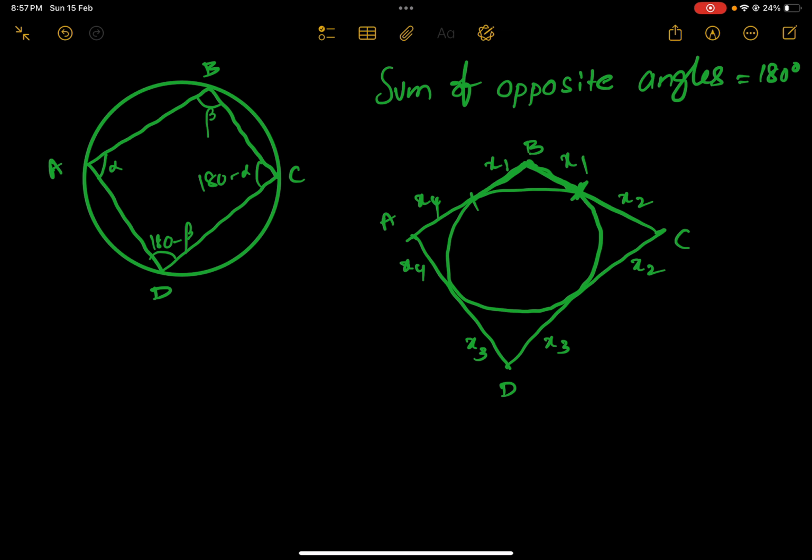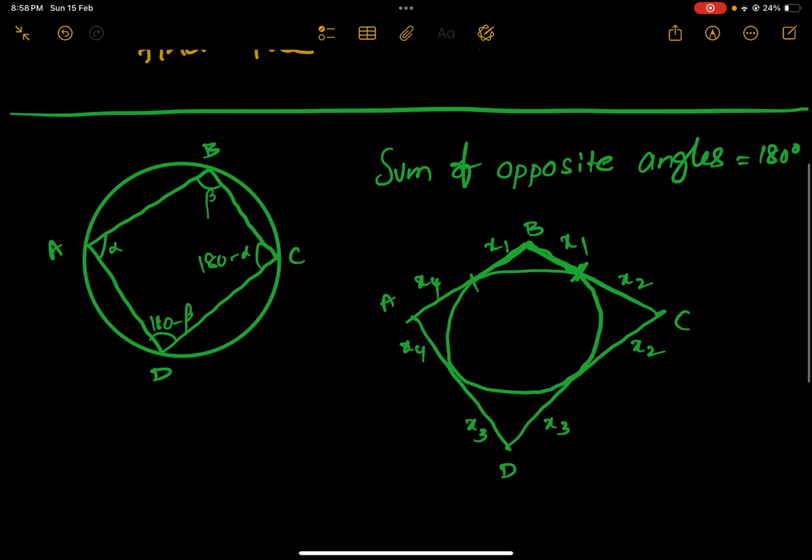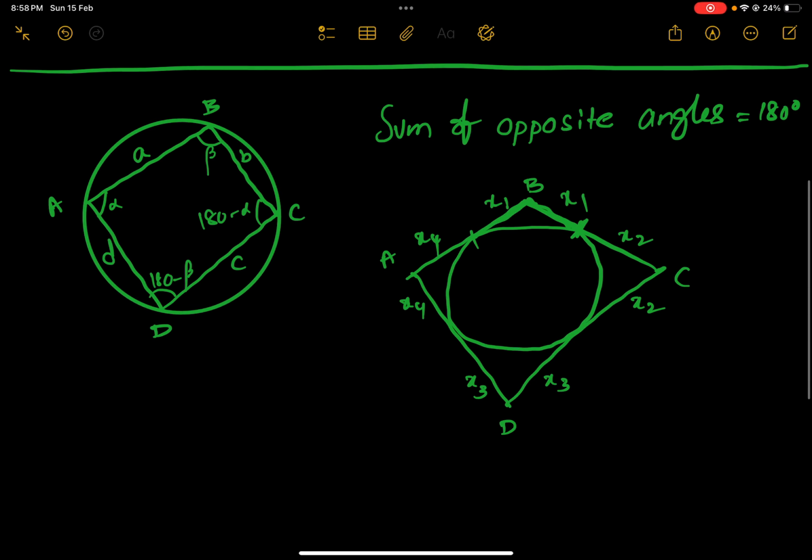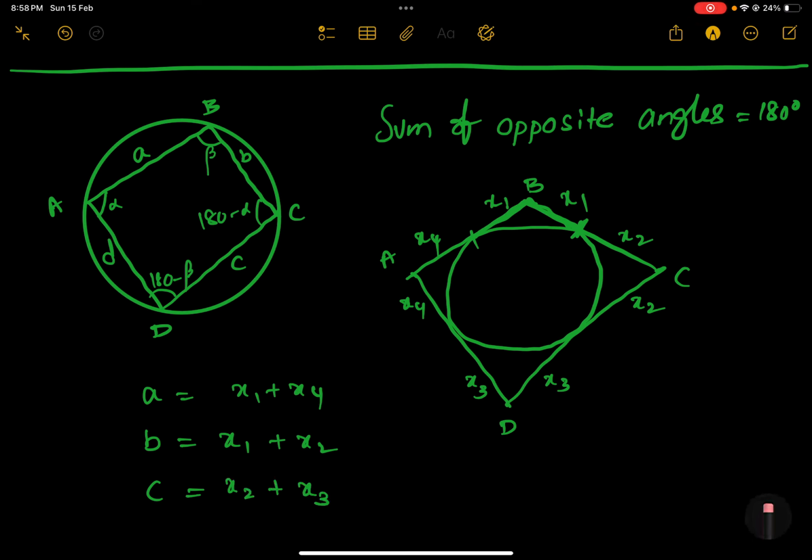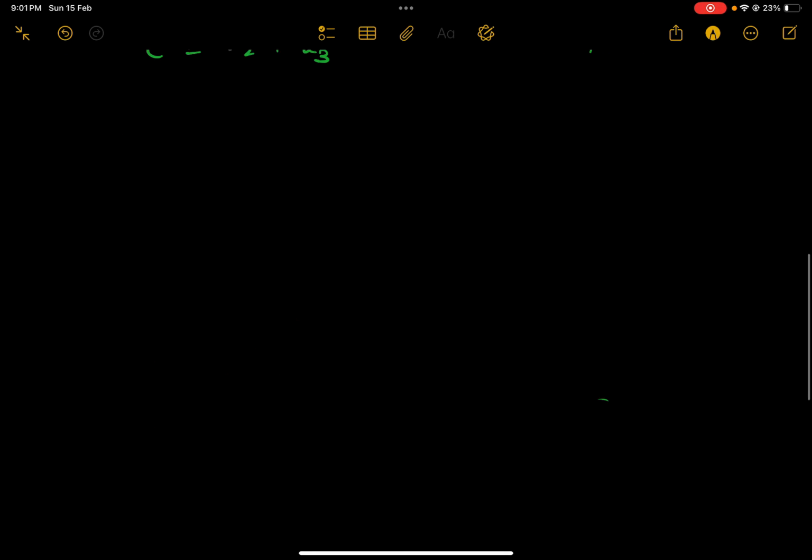Now let us say AB is equal to A, this is B, this is C, this is D. Now your A is simply x1 plus x4 and your B is x1 plus x2. Similarly, your C is x2 plus x3 and your D is x3 plus x4. Alright, so this is what we have.